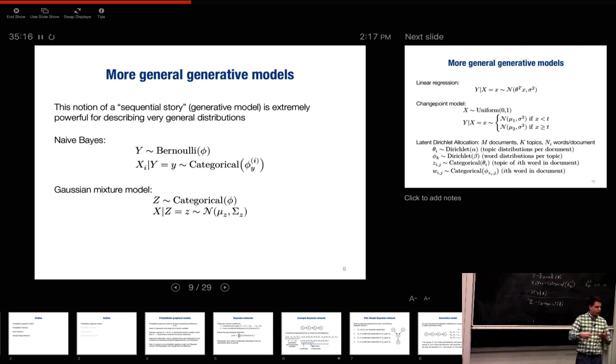Again, this is categorical with k components, so phi here would be a vector in [0,1]^k that has to sum to 1. And then once I know my z, I sample x given z equals some little z as being normal with mean mu_z and covariance sigma_z. What that means is, for each setting of z, I have some mean and some variance.